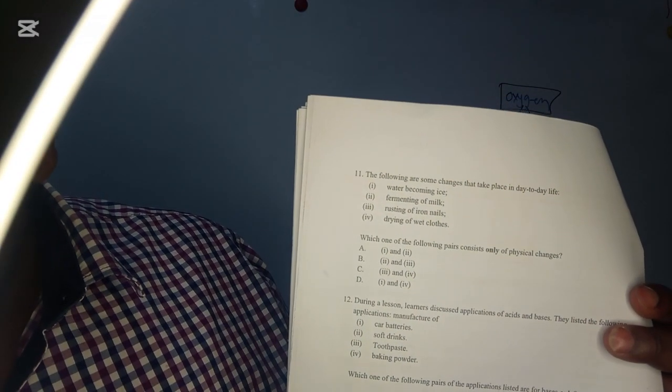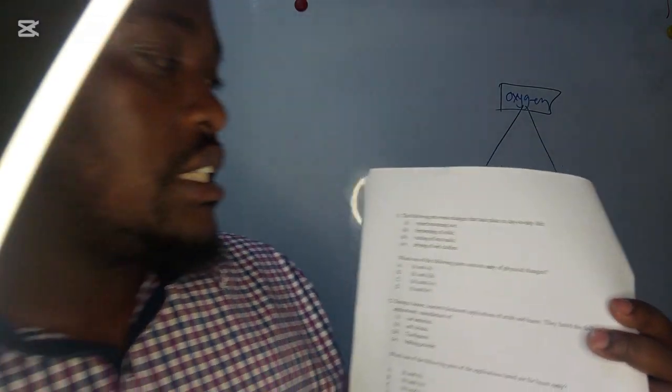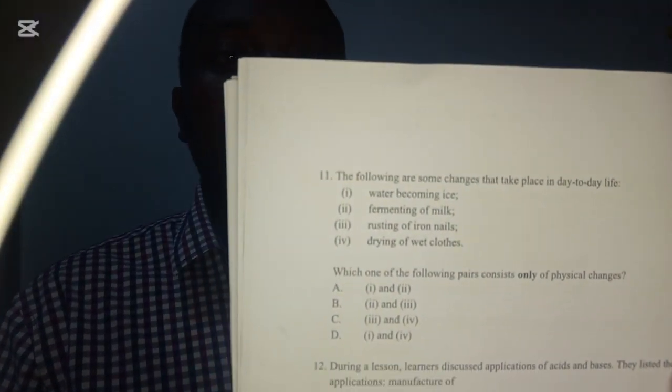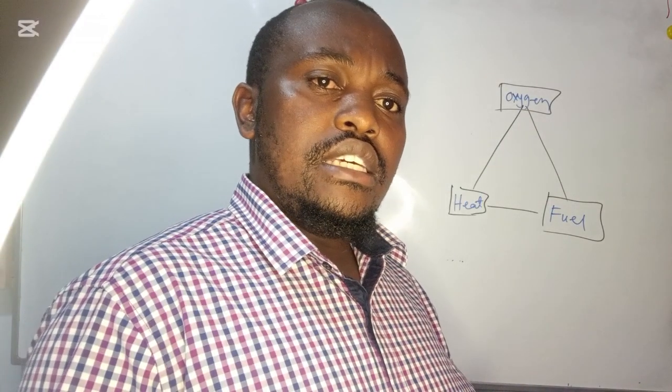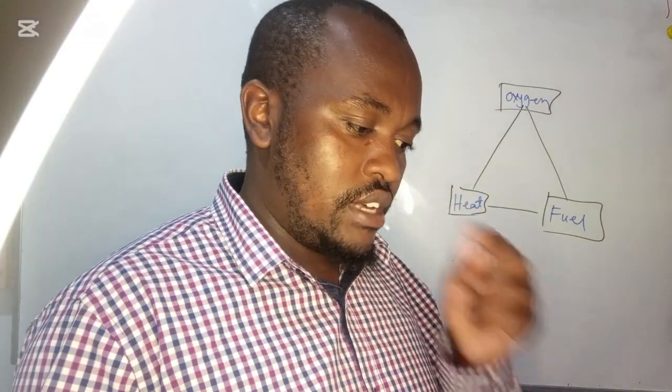Okay, then so similar again, that question asks you to understand questions related to physical change and chemical change. Physical change is change that can be easily reversed, but chemical change cannot be easily reversed.